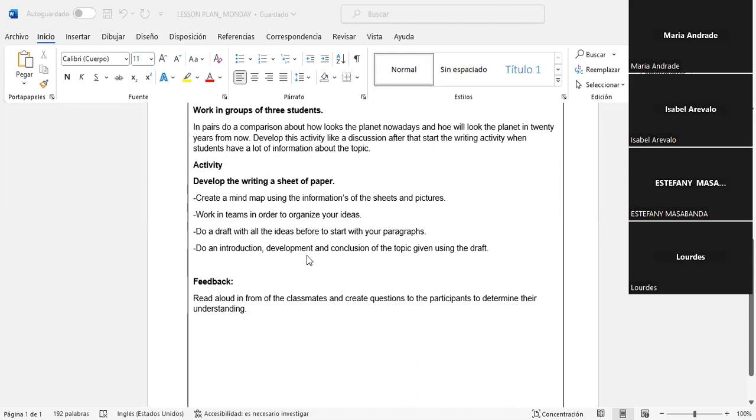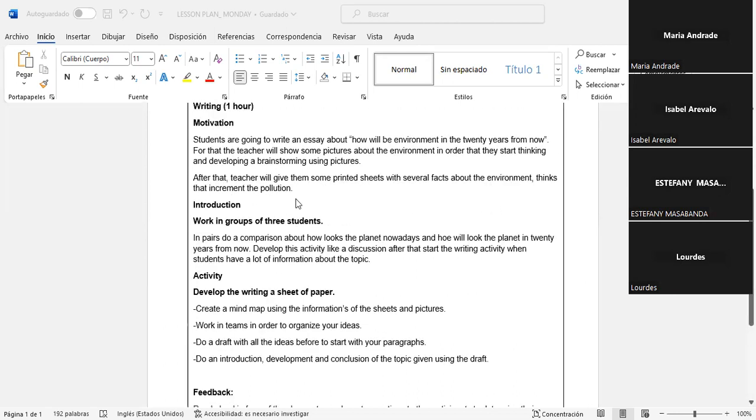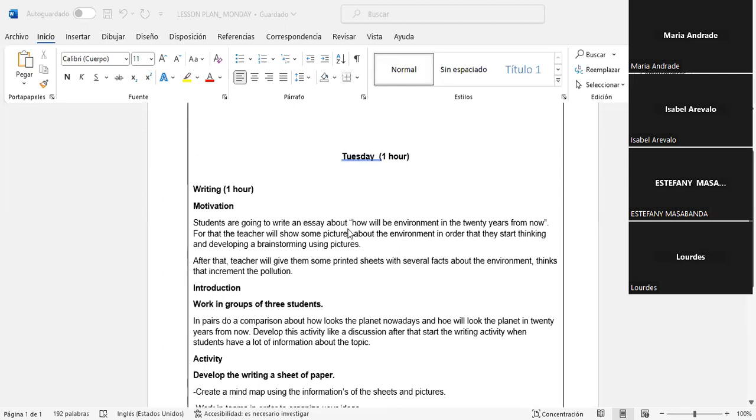Do an introduction, development, and remember to put a student section, because the activity is a part of the student. It's like the students are going to do the things in this part. Try to say a student will create a mind map, a student will work in teams. But it's good.